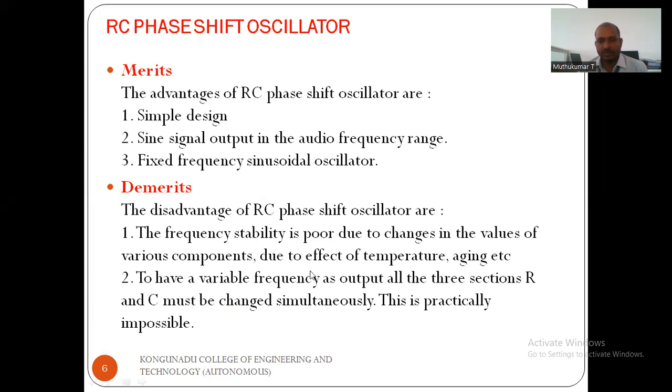To have a variable frequency output, all three sections of R and C must be changed simultaneously. This is practically impossible. So these are the advantages and disadvantages of the RC phase shift oscillator.